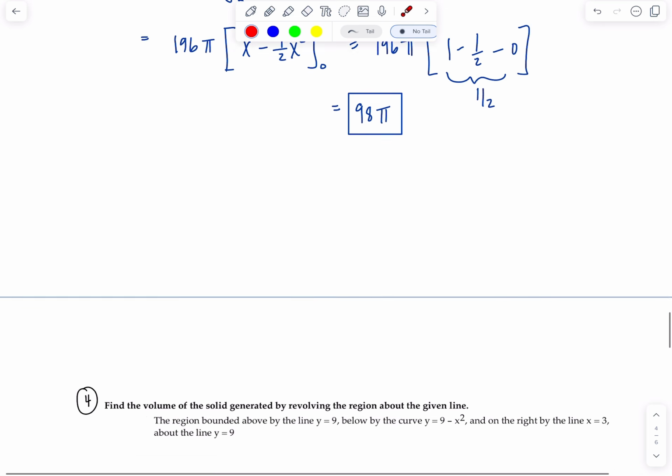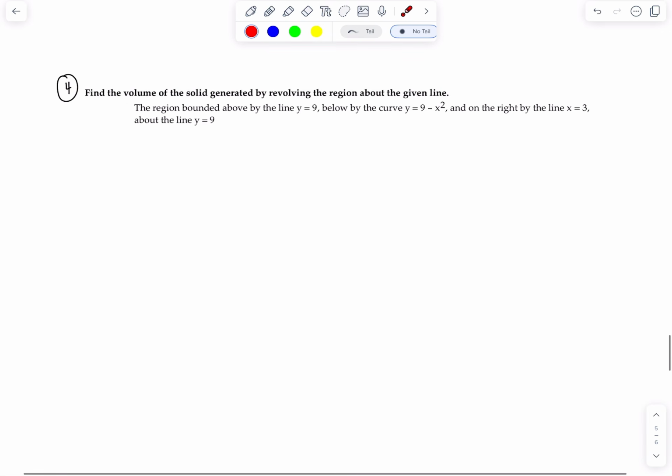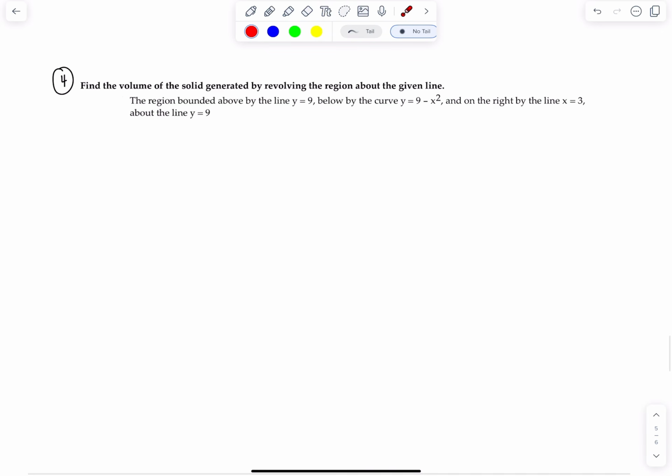Yes. Okay. It's time to spin around some other lines, not just the x-axis, as much as we may love it. So find the volume of the solid generated by revolving the region about the given line.